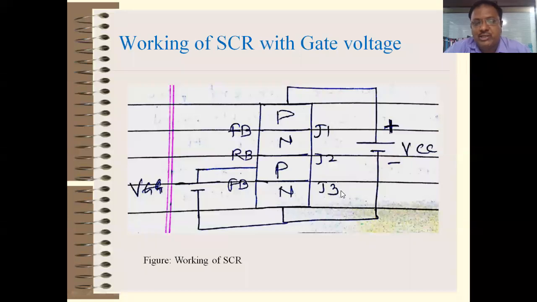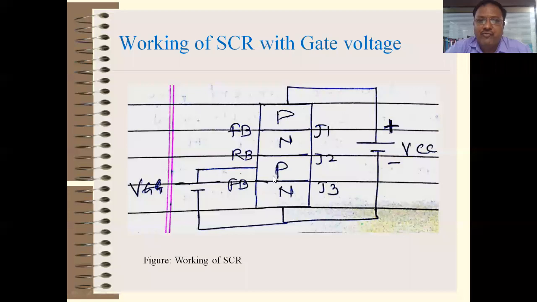But as soon as you increase the gate voltage, the depletion region at junction J2 becomes narrower, and at a particular value of gate current, that junction breaks down and junction J2 also becomes forward biased, and then a large amount of current flows through the device, right?